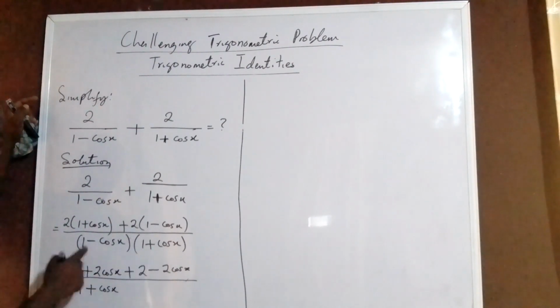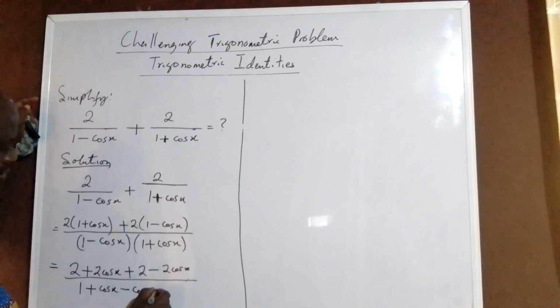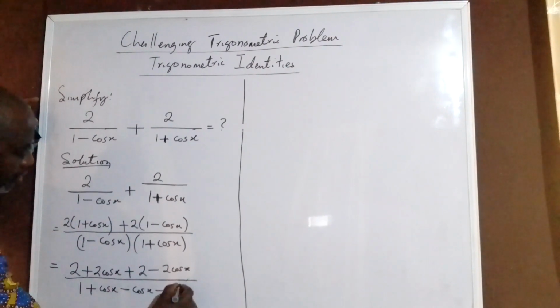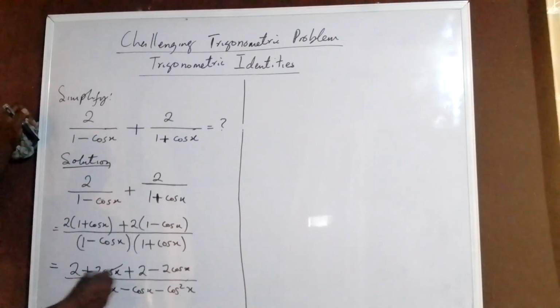Once we expand this bracket, we get 1 plus cos x, then minus cos x minus cos squared x. So at the numerator, 2 cos x and minus 2 cos x will cancel each other out. Then at the denominator, cos x minus cos x will cancel out each other.